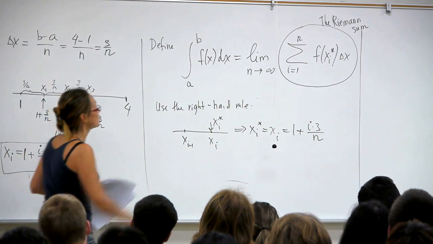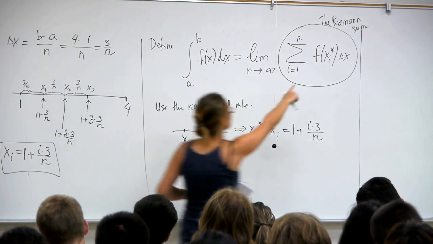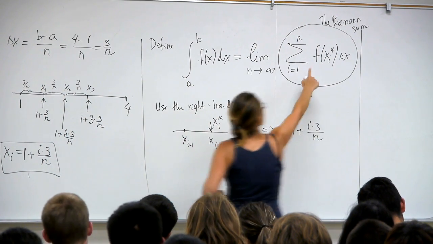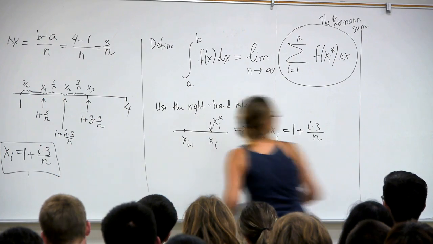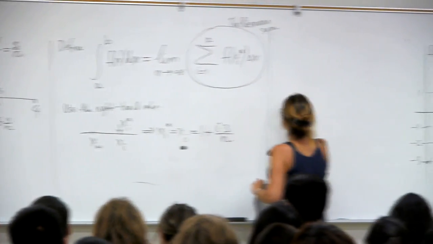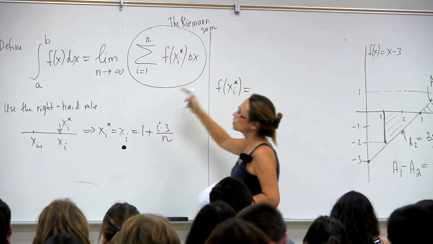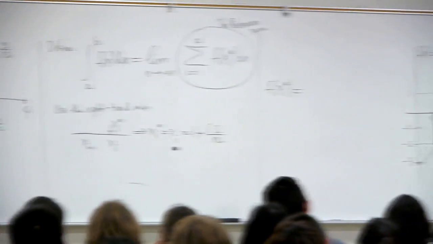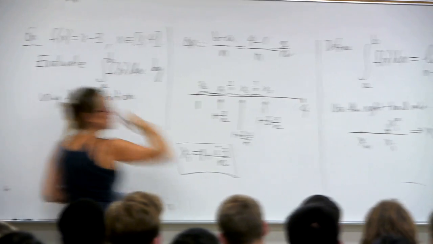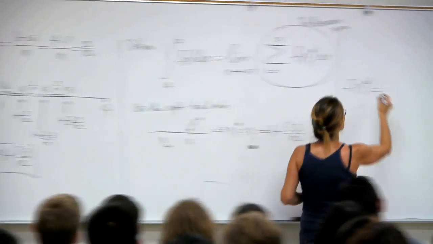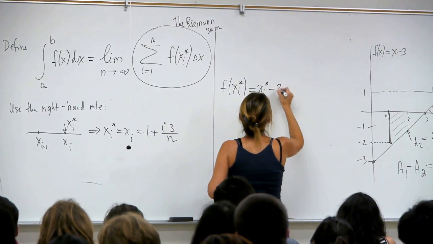The last step, before I can write down the definition, is to evaluate the function at this point, f of xi star. So I go here, f of xi star. What's my function? It's x minus 3. So I have to take the argument minus 3.